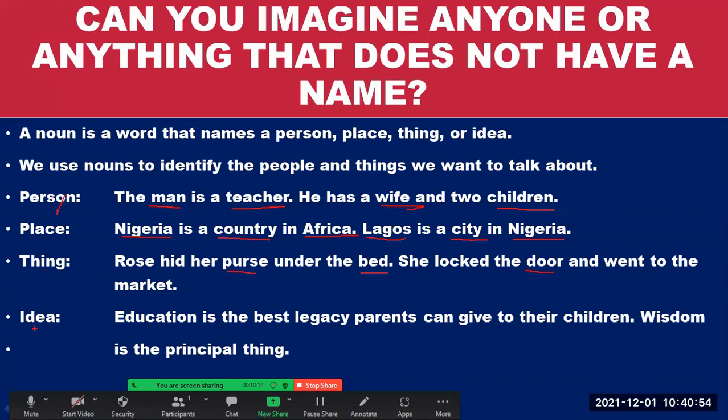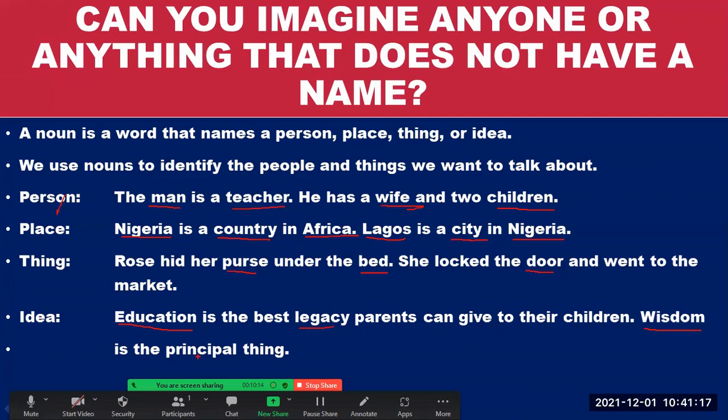We can also use nouns to talk about ideas. For instance, education is the best legacy parents can give to their children. So education and legacy are ideas. Wisdom is the principal thing. Wisdom is also an idea, all right?